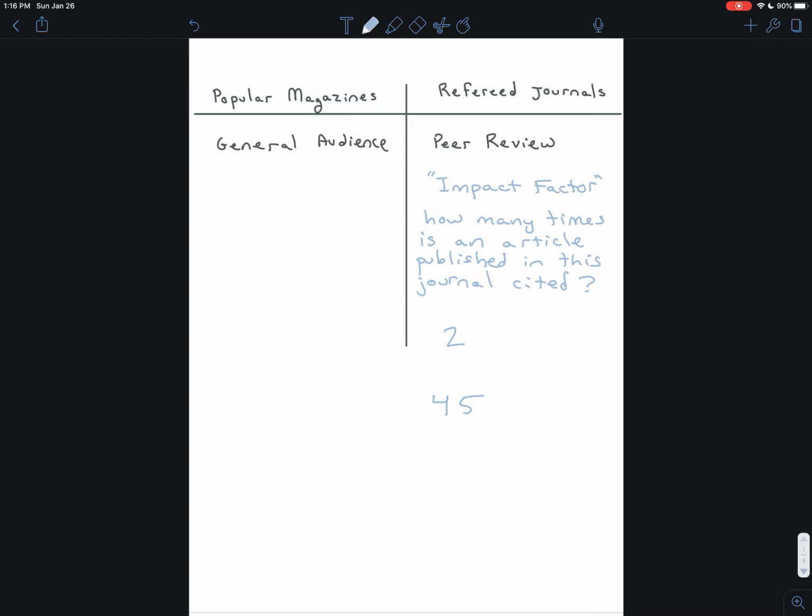Again, this is all a rule of thumb, but a good rule of thumb is the most valid journals will have an impact factor of at least 5. It's a good reference point: if a journal has an impact factor of at least 5, then it's a worthwhile journal to send a submission to or to cite from yourself in your own research.